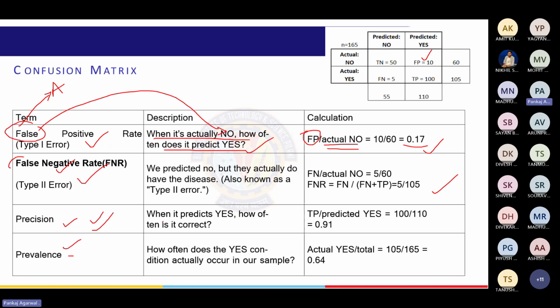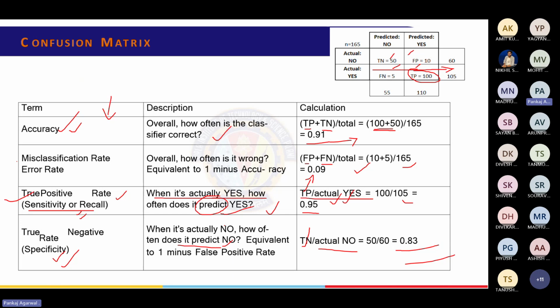So what does precision say and how is it different from recall or sensitivity? When the model predicted yes, how often was it correct. Previously, when it was actually yes, we talked about the actual: out of all the actual cases, how many of them were predicted yes?